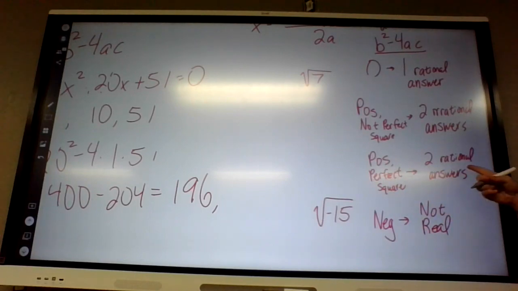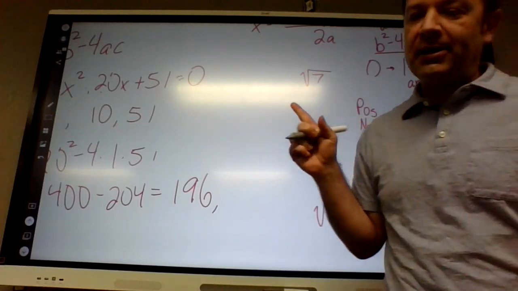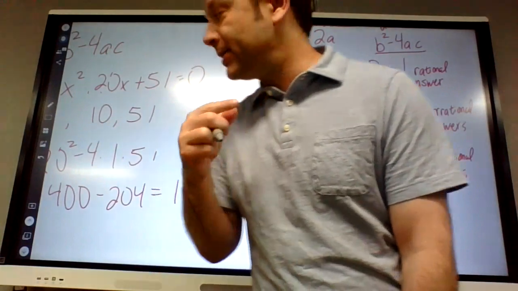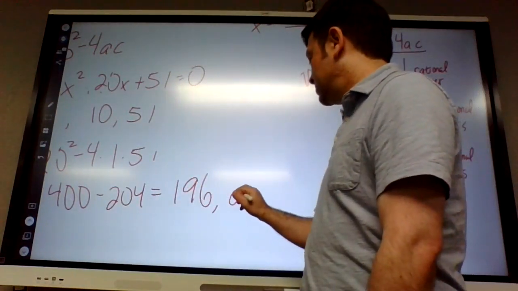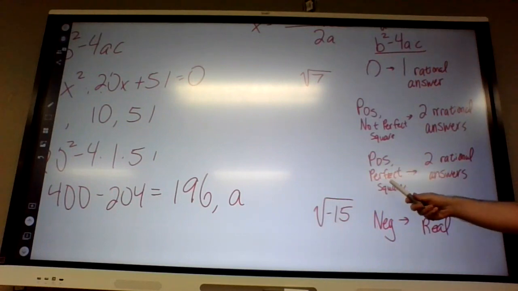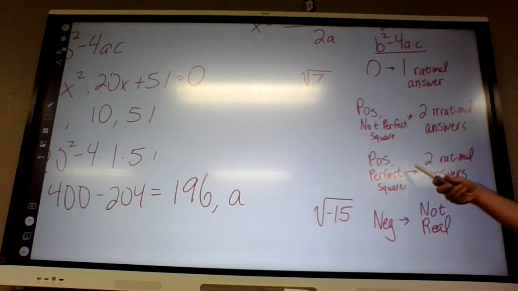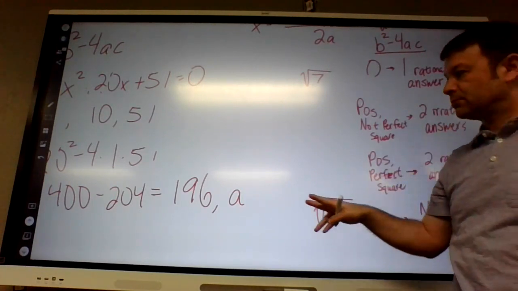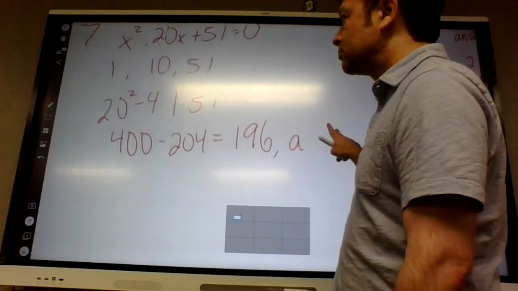Yes, so it's 2 rational answers, which is option A. You guys see where I got that from? Yes. It was positive, and it was a perfect square, because the square root of 196 comes out as 14. So it's option A, 2 rational. You may have to go back to that when we are done.